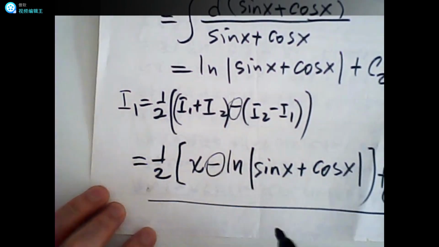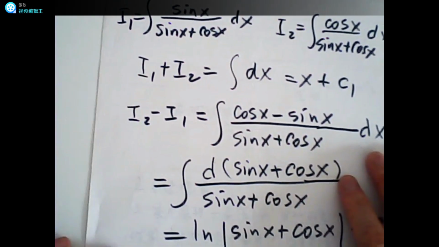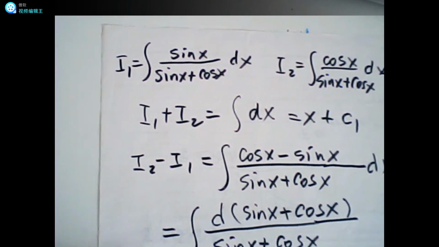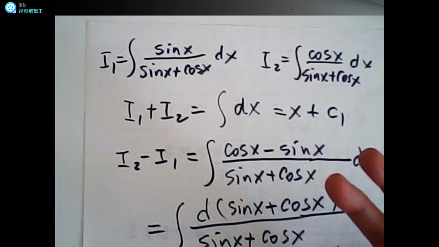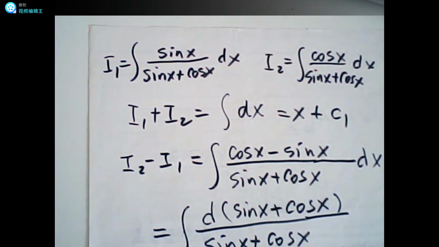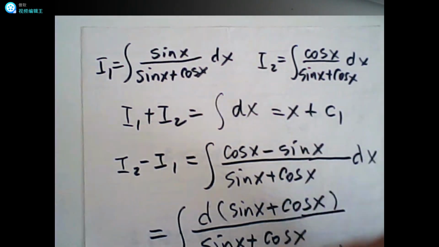This is the best method, right? But it's a little tricky. Let me summarize again. When you deal with an integral function with sine and cosine, you can basically do it directly without any treatment. That is one possible way. And you can use let t be tangent half x, that's another basic technique for dealing with sine and cosine.